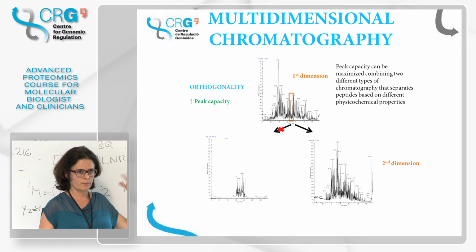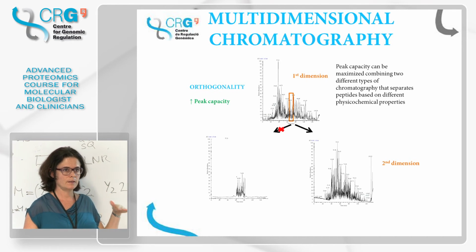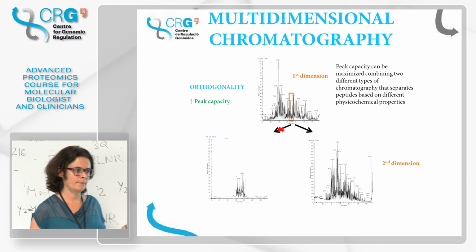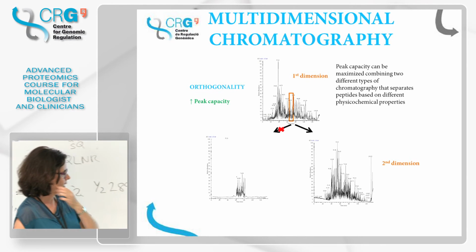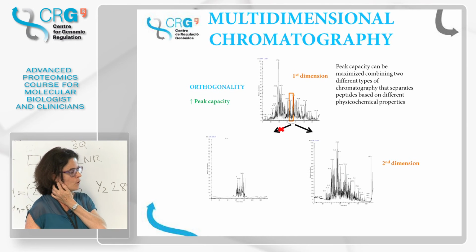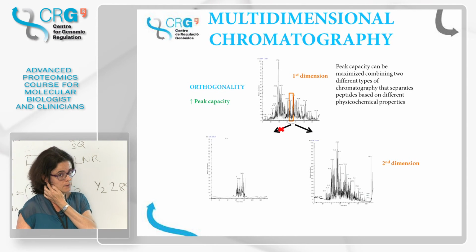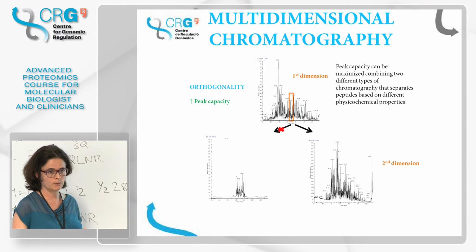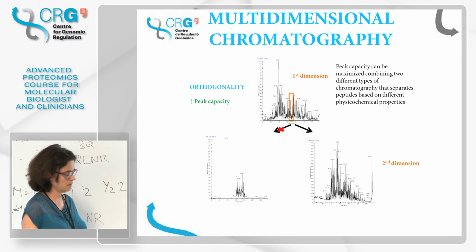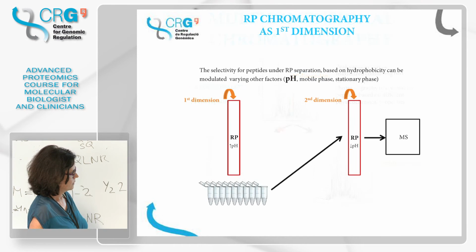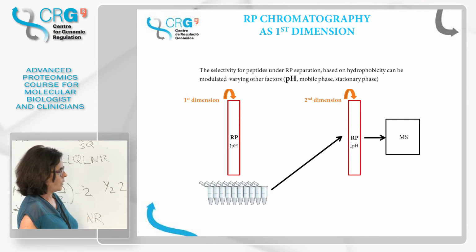We can also use reverse phase to fractionate before the mass spectrometry. But then we cannot use the same type of reverse phase, because then we are not going to have orthogonality. We want to separate by different properties. So one way of doing this is to use reverse phase, but at high pH.